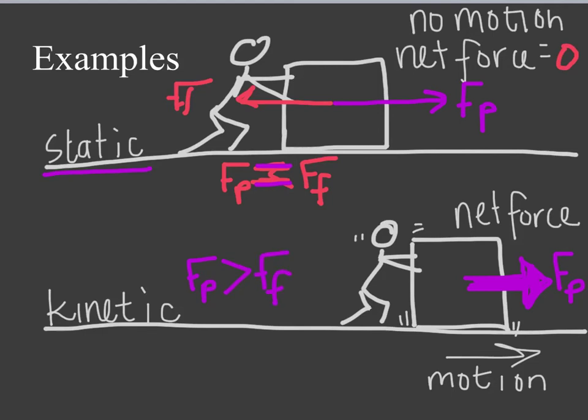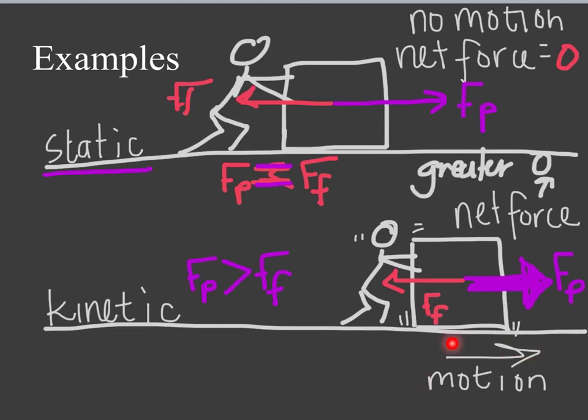And our force of friction is still going the other way, but it is smaller. And at that point, you have a net force here. Your net force is greater than 0, which means that it is now moving. So we are in motion.